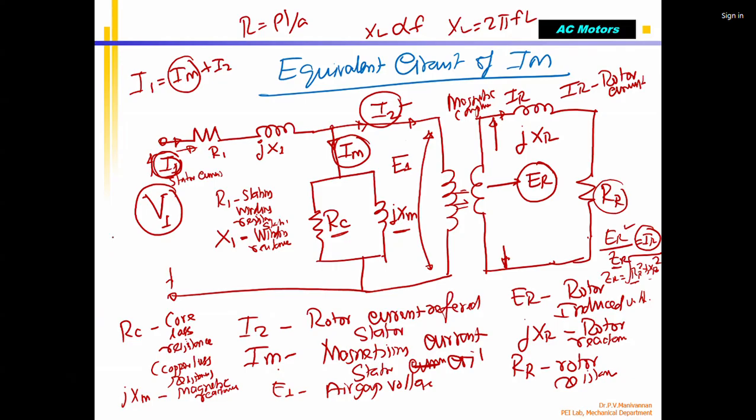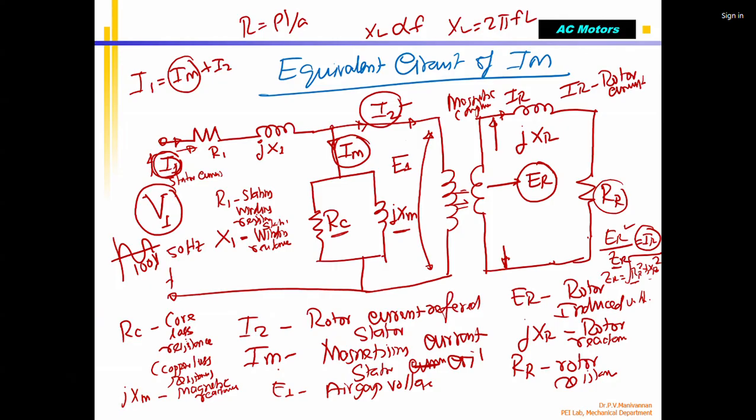Because we are supplying an AC voltage, for example 100 volts, 50 hertz. The current due to the resistance part is fixed. Say R equals 10 ohms and voltage equals 100 volts, then 100 divided by 10 is 10 amps. That is the current due to the resistive part.